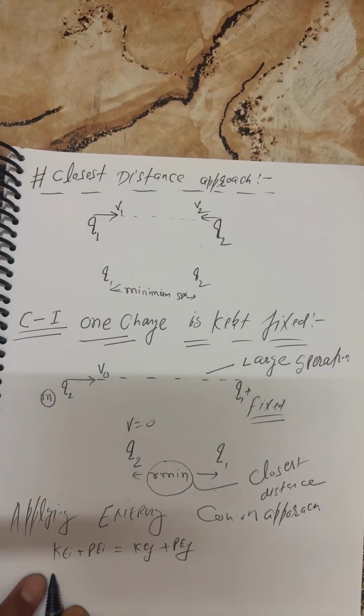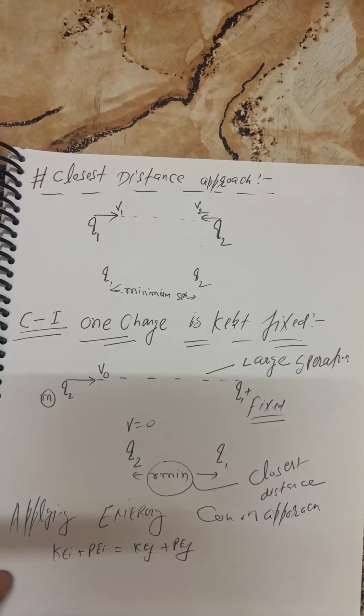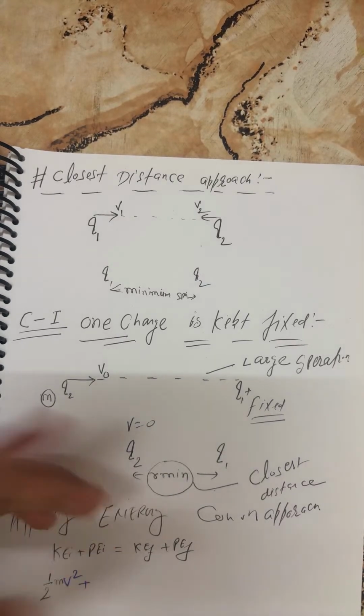What is the initial kinetic energy? You can write half m v square. What about the initial potential energy?